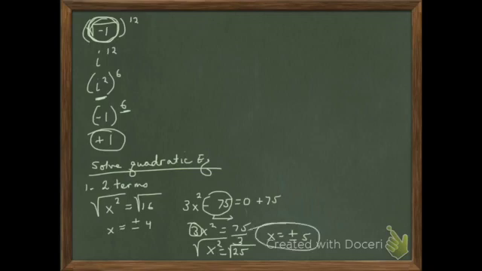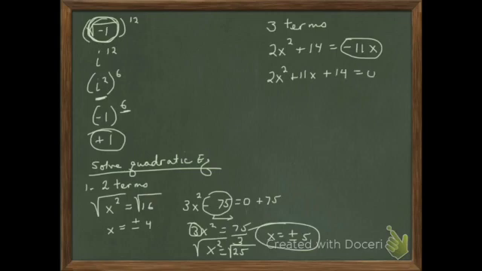If you have 3 terms with a quadratic, it would look like something with both an x squared and an x term. I would take everything to the left side, so I would add 11x and put it in my proper order. And then I would try to solve this another way. I can't divide everything by a common factor, so I would try binomial factoring.